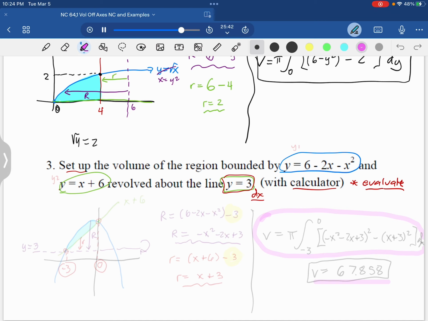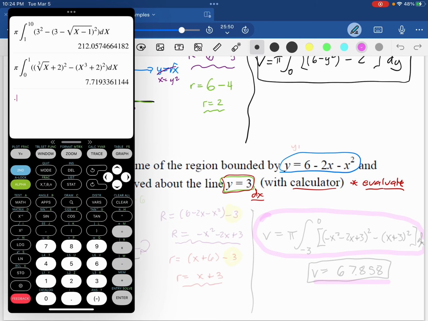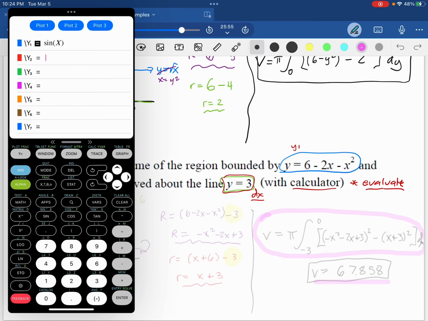I know we have a parabola of some kind, and we have a linear function. The good news is it's calc allowed, so we can actually go ahead and graph those. So I'm going to put the blue one under y1, and the green one under y2. So 6 minus 2x minus x squared, and under y2, x plus 6.